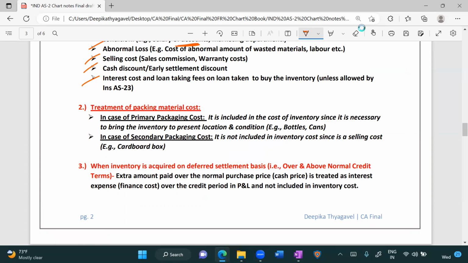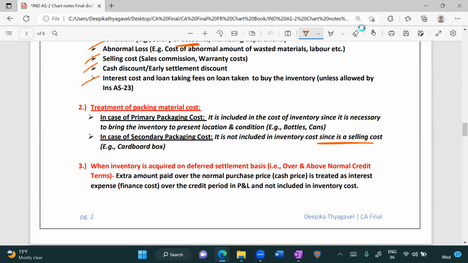But in case a set of, let's say, a dozen bottles, or a carton of bottles, are being packed in a cardboard box, that is your secondary packaging, and it is not included in the cost of inventory, since it is a selling cost. For example, the cardboard box that you use.